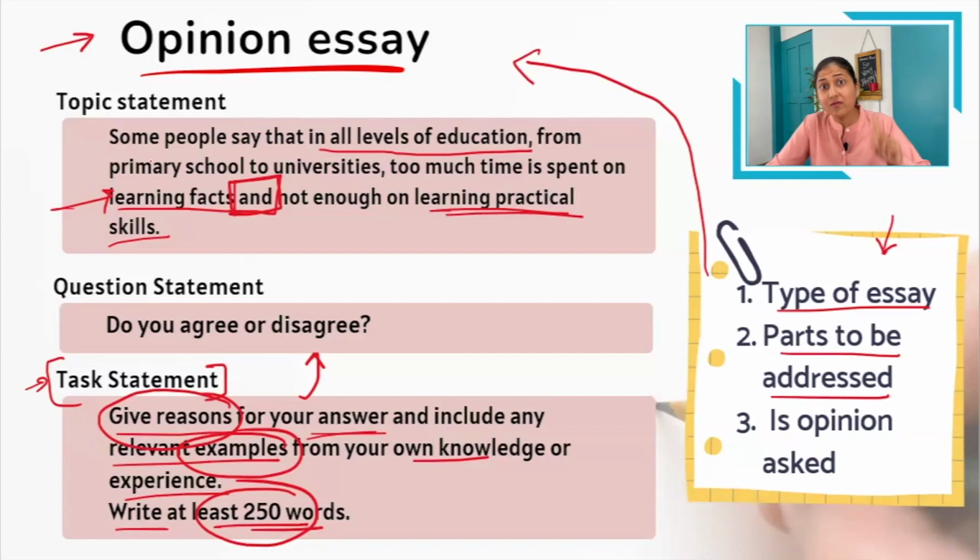And again, very importantly, I cannot forget in all levels of education. For example, if this is your essay and if you end up talking about only primary schools and not all levels of education, then are you addressing all the parts of the essay?